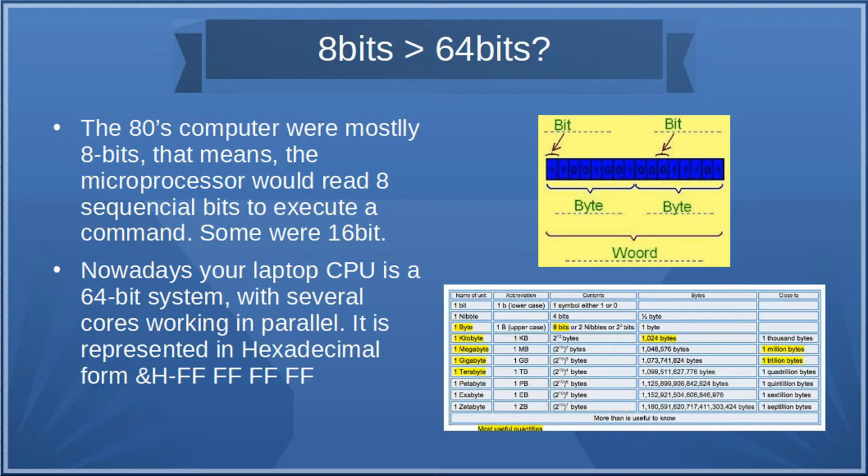in the 80s the computers were mostly 8 bits. That means the microprocessor would read 8 sequential bits to execute a command. Some were 16 bits, but not that common. Nowadays, your laptop CPU is a 64-bit system with several cores working in parallel.